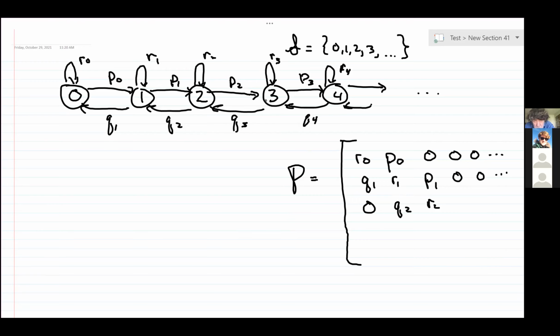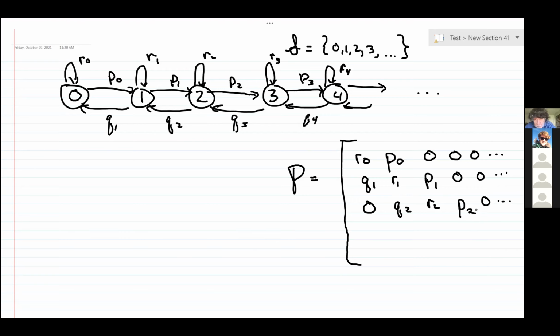You could go up to 3, that would be P3. And then no other steps would be possible. From 2, you could only go to 1, 2, or 3. Professor, is this supposed to be P2? Let me see. It's supposed to be P2. Thank you. Appreciate that.